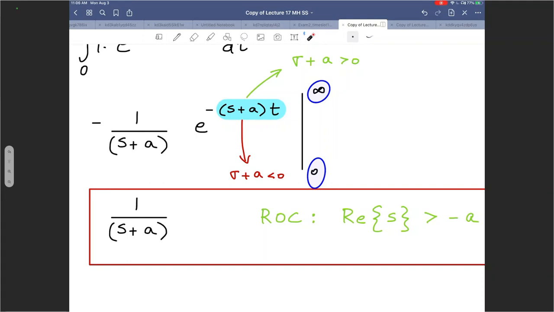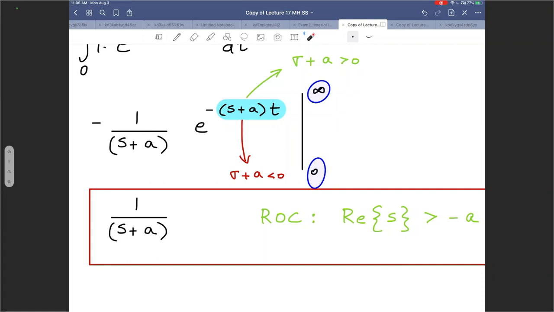You have to look at the exponential being decaying or growing. And it also depends on t, right? So if your integration limits were negative, then this condition would be reversed.